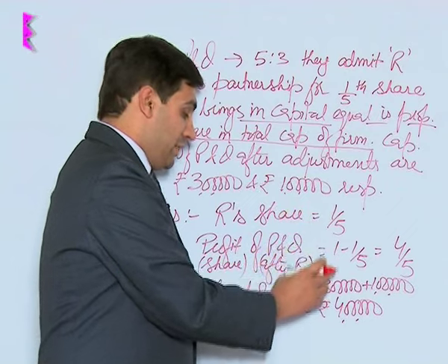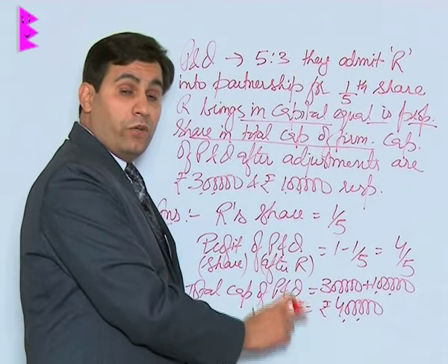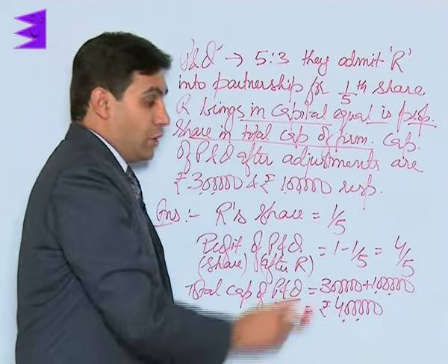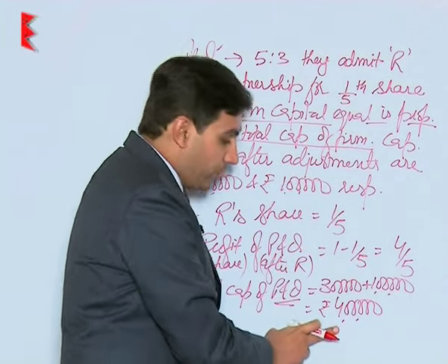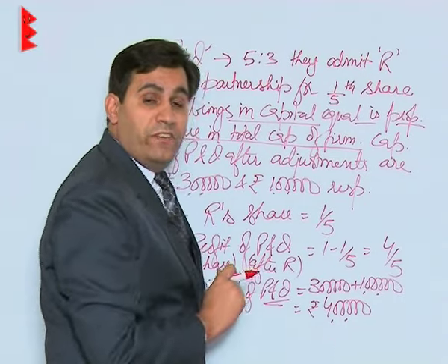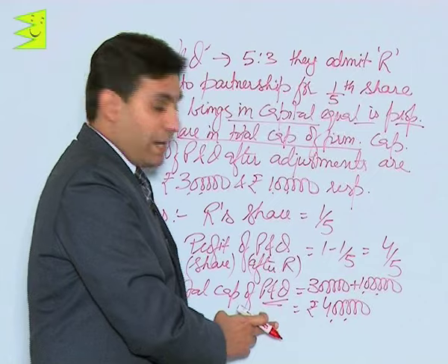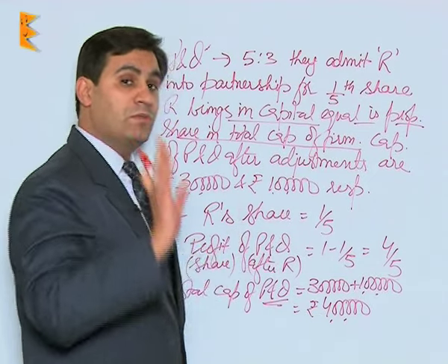Now on the basis of this total capital, remember, this is total capital of old firm. Old firm means P and Q. They were the old partners. So now students, for 4/5 share, they are contributing 4 lakh. Again, I'll repeat. For 4/5 share in the new firm, P and Q, who are old partners, have contributed a capital of 4 lakh. Now it becomes very simple.